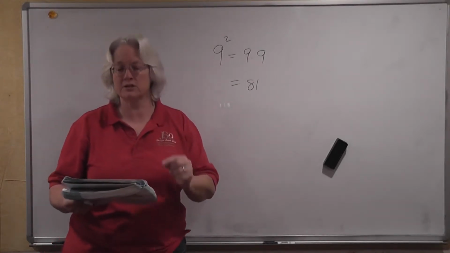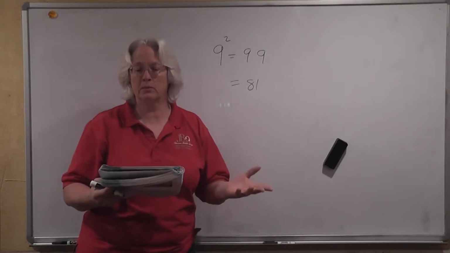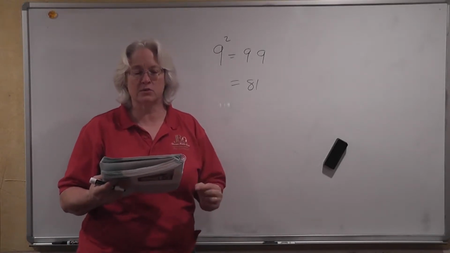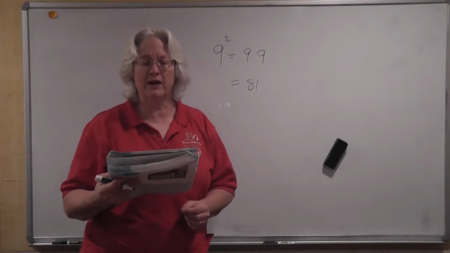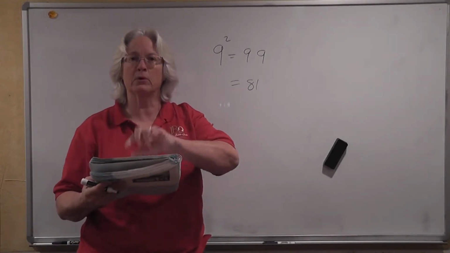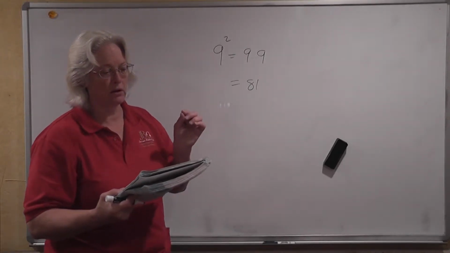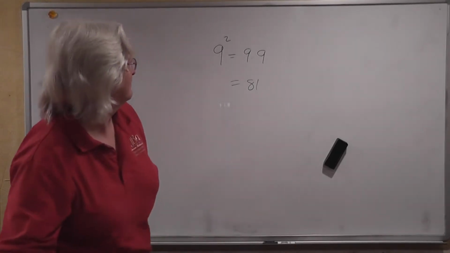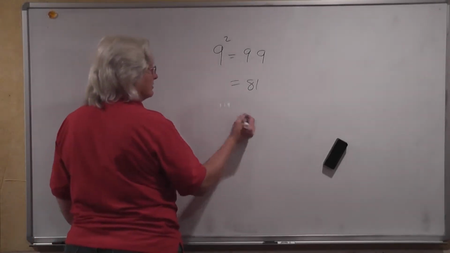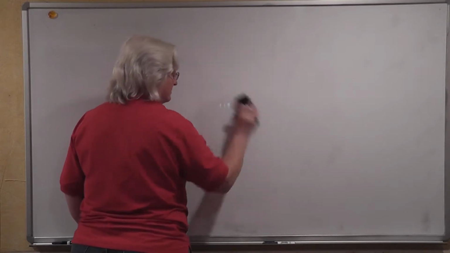Now it says the inverse operation of squaring a number is taking its square root. The square root of 81 is the number whose square is 81. Let me write out what they're saying.